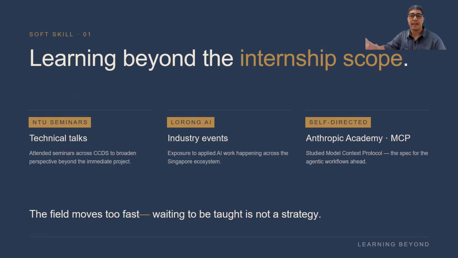On the soft skill side, to me, the biggest growth came from learning outside the lab. My supervisor, Dr. Liu Gui Mei, encouraged me to attend technical seminars at NTU, where I attended a seminar series on theoretical frameworks for reliable AI systems, and even applied AI events at Lorong AI, where I got to talk to MOE educators practicing AI in their own teaching.